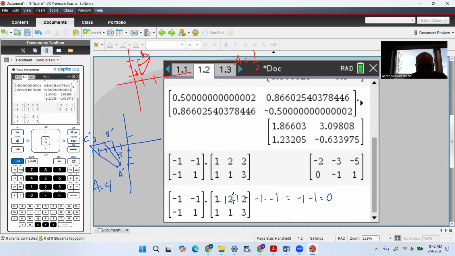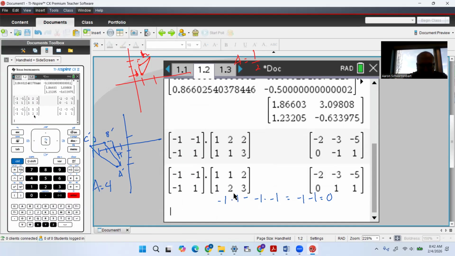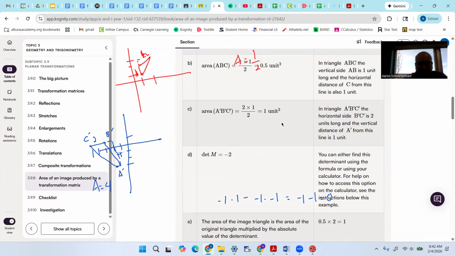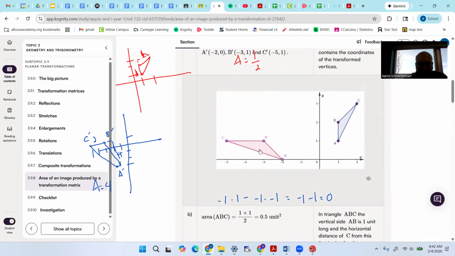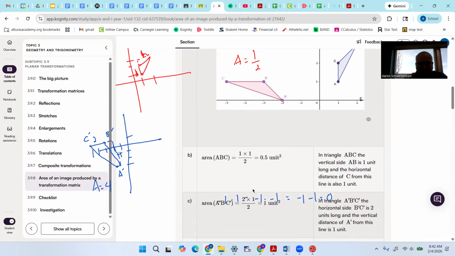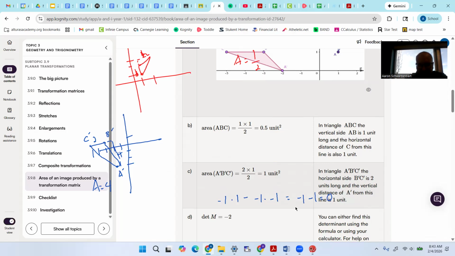If I type in the points correctly, I get the correct image here, which shows the transformation. It has an area of 1. That area of 1 also helps if I can subtract, right? -1 minus 1 isn't 0, it's -2. I knew something was wrong.